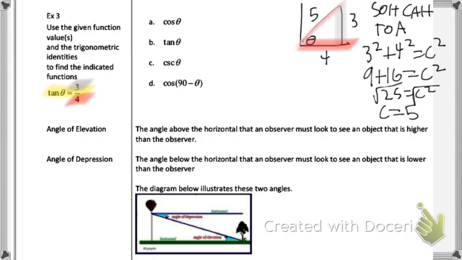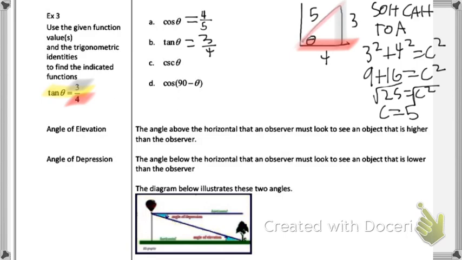Now let's find cosine of theta. Remember from SOHCAHTOA, cosine is adjacent over hypotenuse. So it'll be 4 over 5. Tangent of theta is opposite over adjacent, and it's already given what tangent of theta is, so we just write here 3/4.